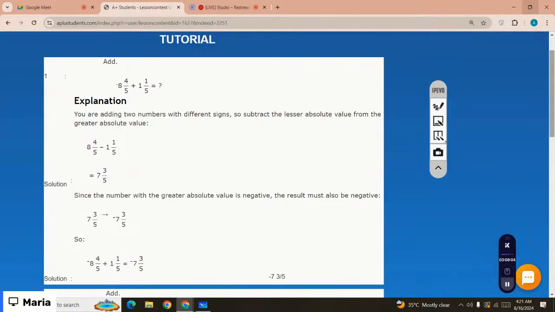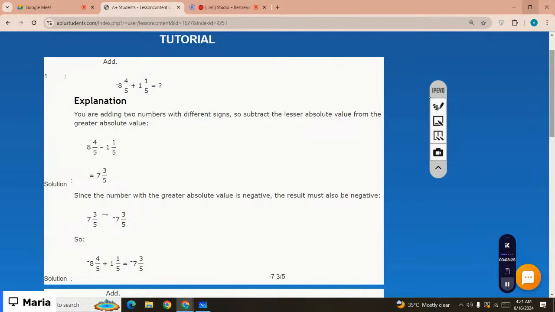You are adding two numbers with different signs, right? So subtract the lesser absolute value from the greater absolute value. That is 8 whole 4 by 5 minus 1 whole 1 by 5, right? So when you subtract, that would be 7 whole 3 by 5.